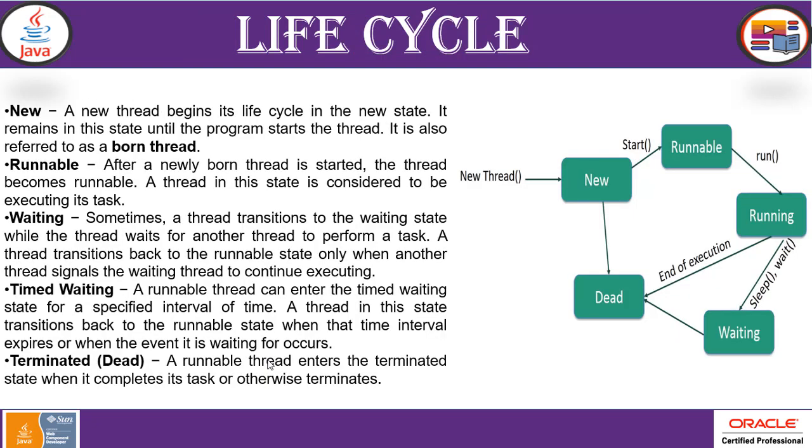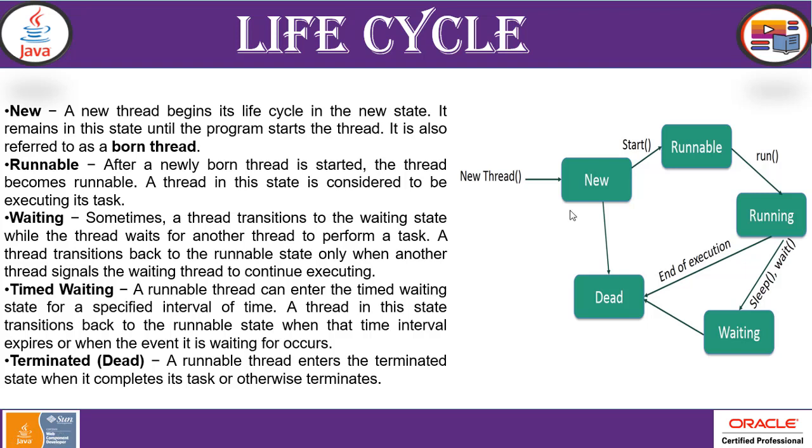Now let's take a look at the life cycle. What is happening when we actually create a thread, and how does it go and process multiple applications individually? A new thread begins its life cycle in the new state. The first state is new. It remains in this state until the program starts the thread.